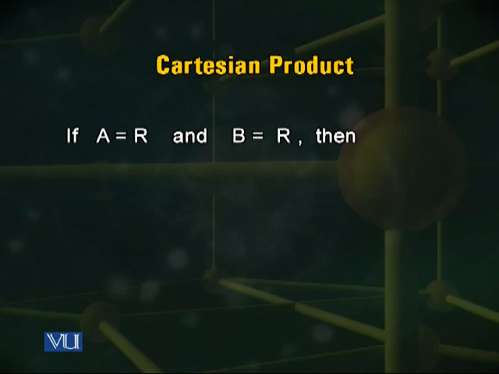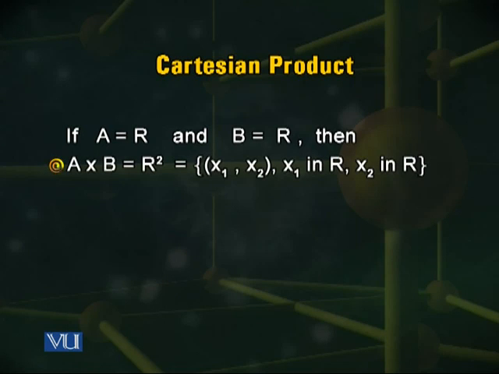So this collection of ordered pairs where both numbers are real numbers is usually denoted by R square. And once again, the superscript 2 has nothing to do with the cardinality of the Cartesian product. It just says that we are dealing with an ordered pair of two real numbers.